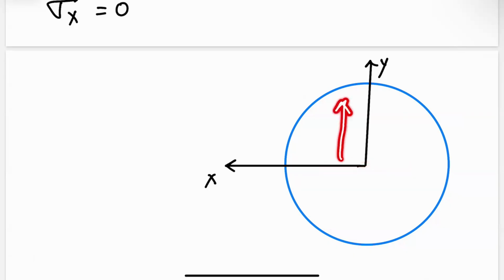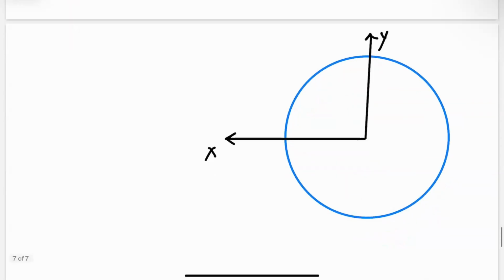So there is some symmetry in this problem with respect to the y-axis, right? Any point here and any point here, we see the same field because the polarization is oriented like this. And even the scatterer looks identical, with respect to the y-axis has symmetry, right?